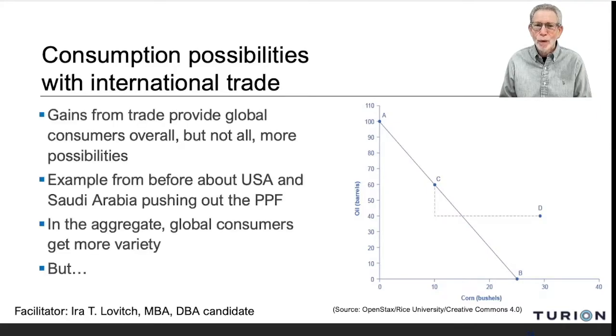So the gains from trade are showing that global consumers overall, at least in this example, have more possibilities. In this case, more corn or more food to eat by not trying to produce the food and the energy to satisfy the needs of that society, of that nation. So this example demonstrated that.